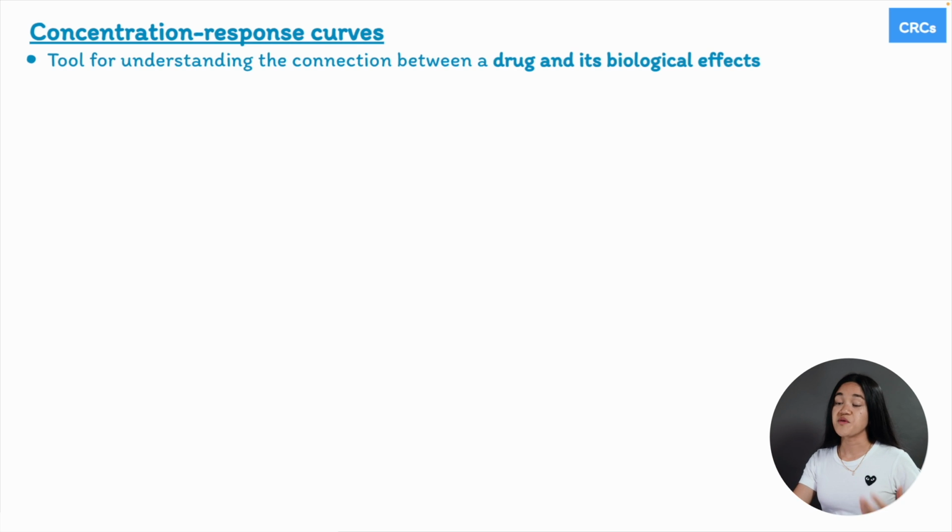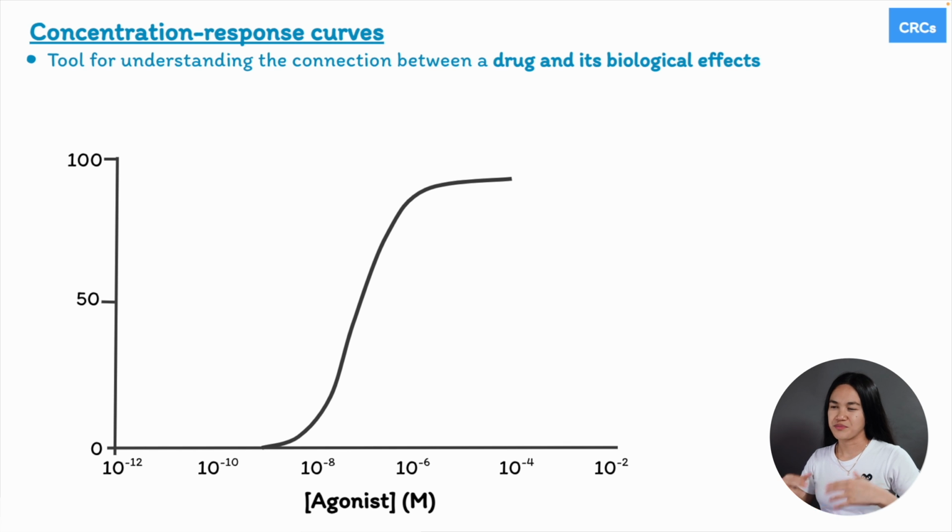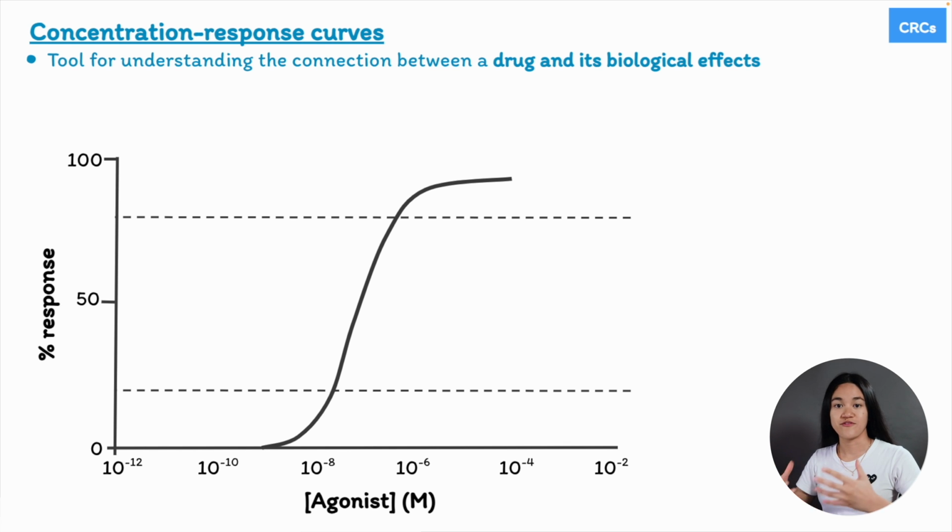CRCs are a fundamental tool for understanding the connection between a drug and its functional or biological effects. The concentration response relationship is a fundamental concept in pharmacology, and it plays an important role in understanding the effects of drugs. And we're going to be focusing on agonist drugs here. Let's break this down.